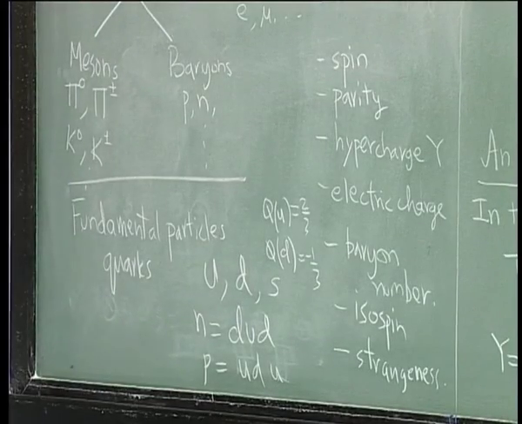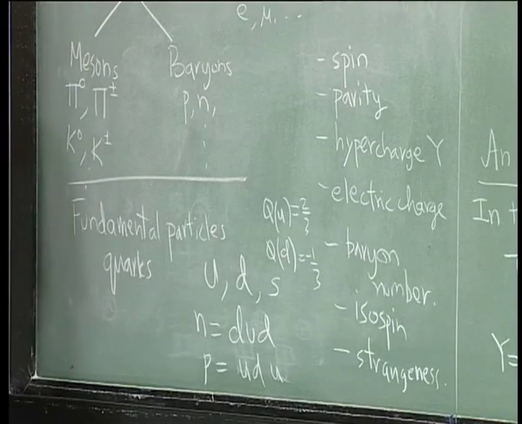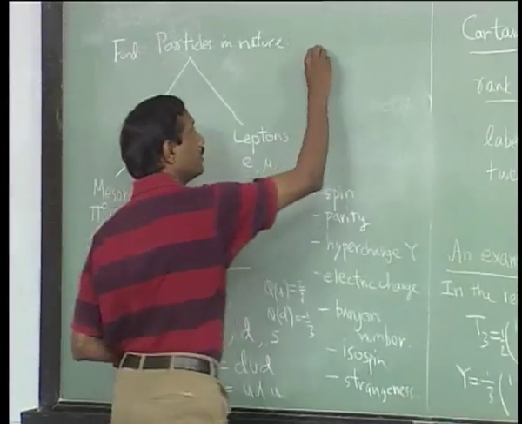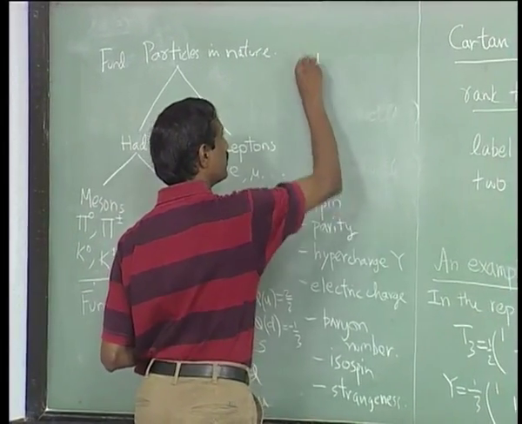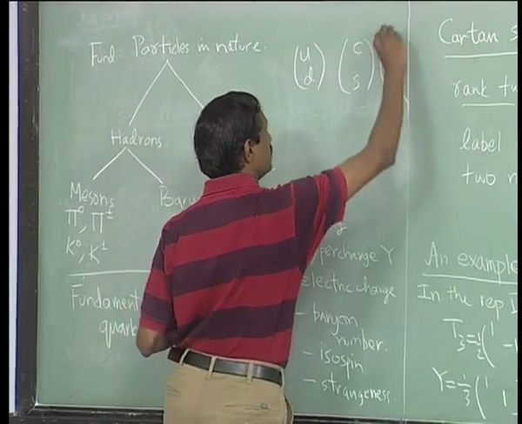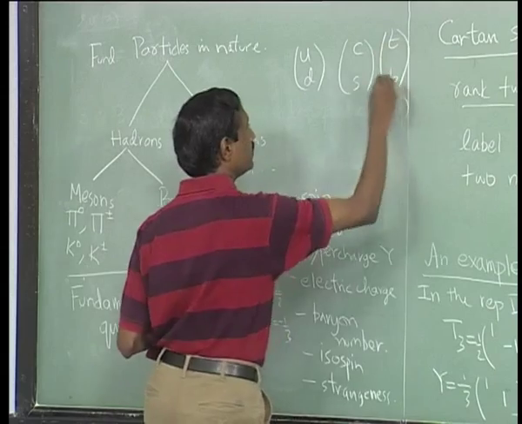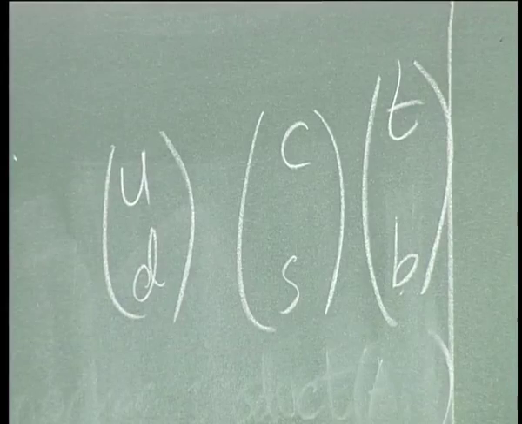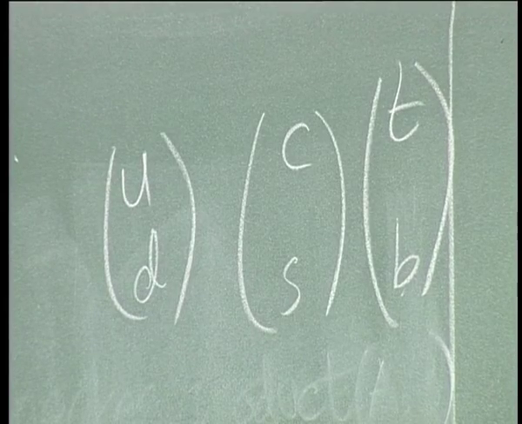Today we have observed up to 6 quarks, and they are u, d, charm and strange, top and bottom, or truth and beauty, depending on whom you ask or which part of the world you are in.